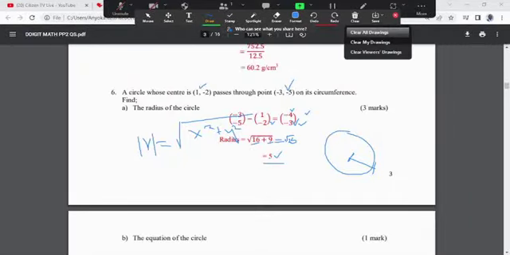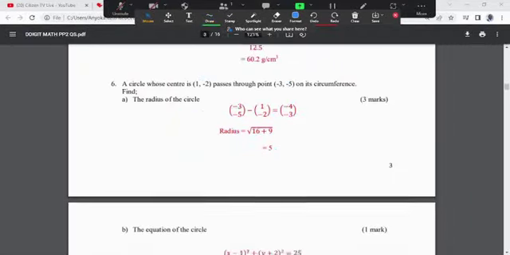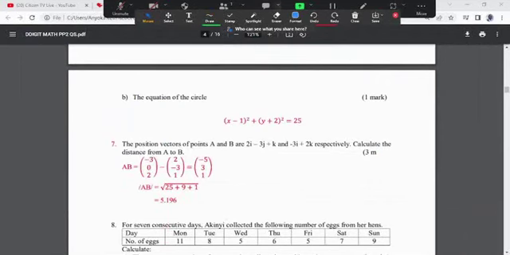Yes. Good. Then we want the equation of the circle. For the equation of the circle, we go to the general form. For you to state the equation of a circle, 1, you need the center. 2, you need a point on the circumference of the circle, which is (x, y). That is where it is passing through.